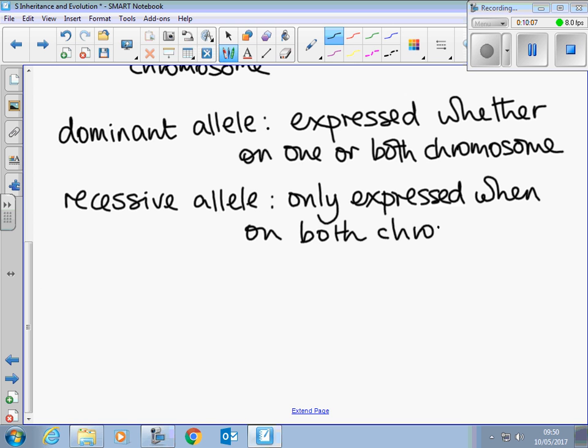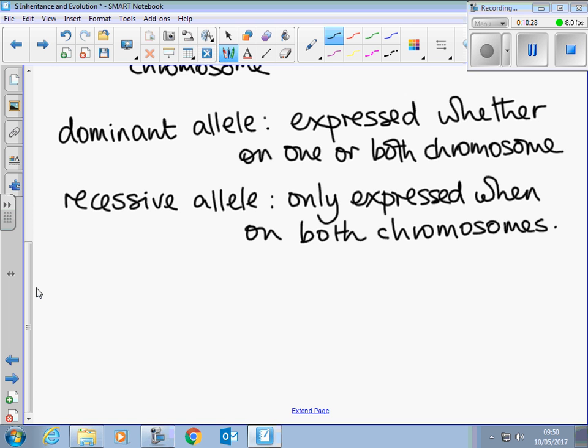Now, jumping ahead, this will give us a way of identifying what genes individuals actually have. Can you tell what genes somebody has got if they show the dominant condition? If somebody's got brown eyes, do you know what alleles they've got? No, you don't.